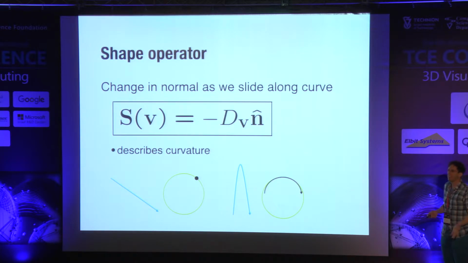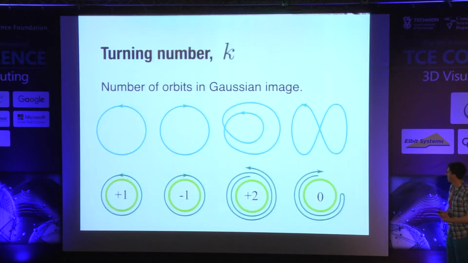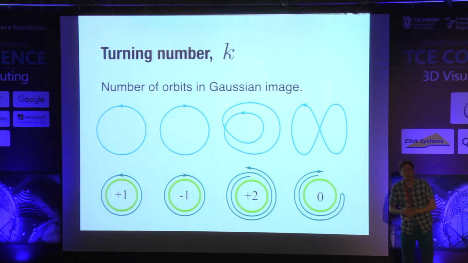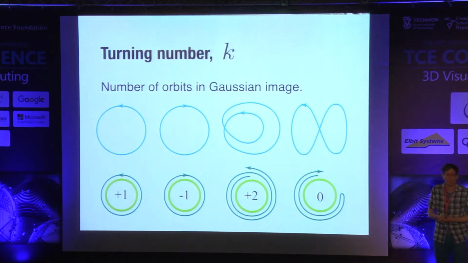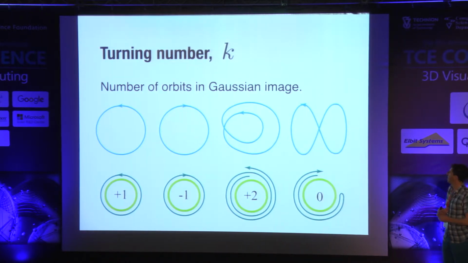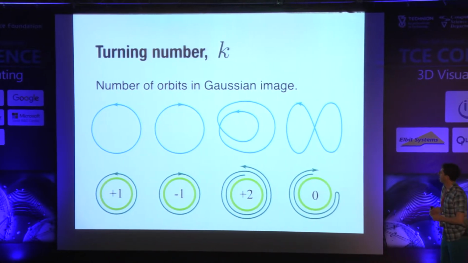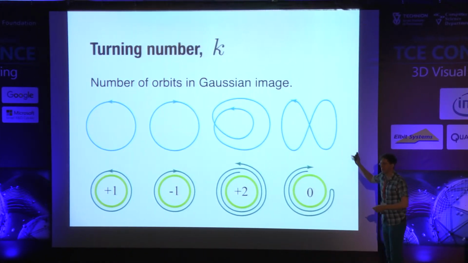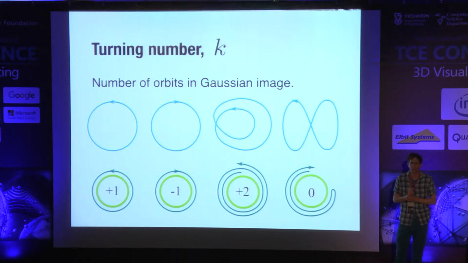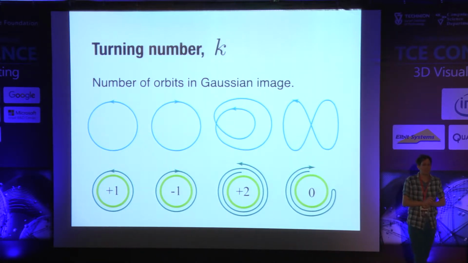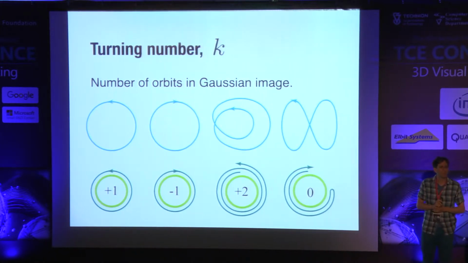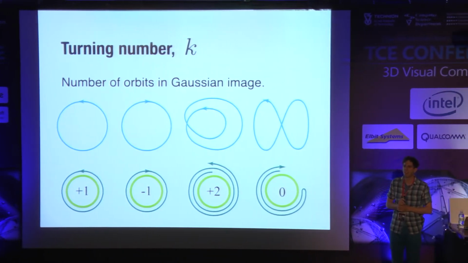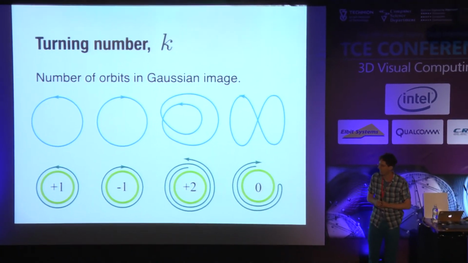So we can have all of these natural quantities in the smooth setting that we might be interested in. And these quantities might be related in interesting ways. For example, we can talk about a more topological property, the turning number, which basically says for any closed curve, if you look at the image on the Gauss map, how many complete cycles do you have on the Gauss map, taking into account sign?